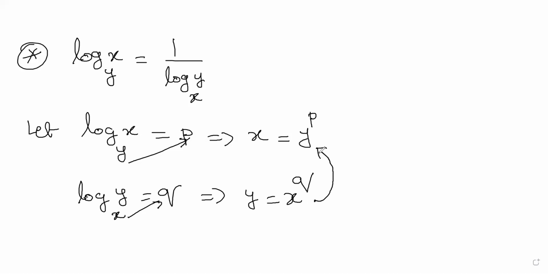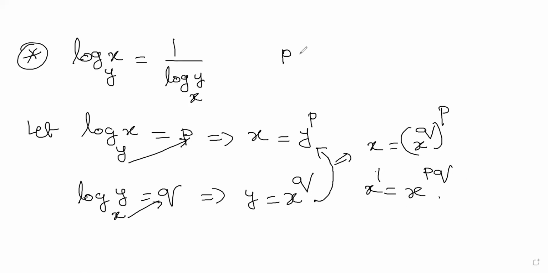Now y is equal to x power q, I will put it here. It looks simple at first, but next you will not know what to do. Once you substitute y is equal to x power q, you get x is equal to x power q whole power p. So x is equal to x power pq, and x power 1 is equal to x power pq. So pq is equal to 1.